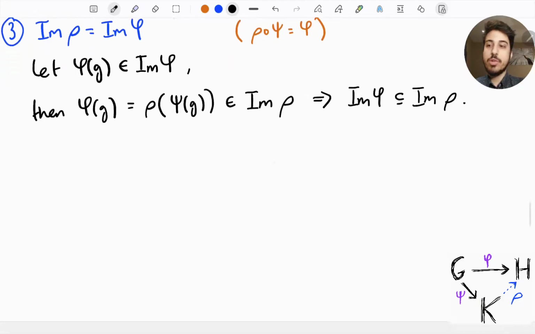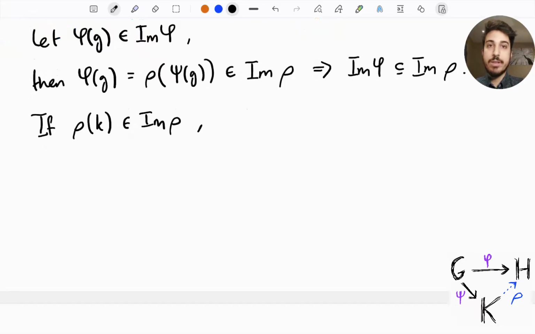Proving the forward inclusion. For the backwards inclusion, if we have an element in the image of rho, which looks like rho of k for some k in K. Because psi is surjective, we have that there exists a g in G such that psi of g is equal to k.